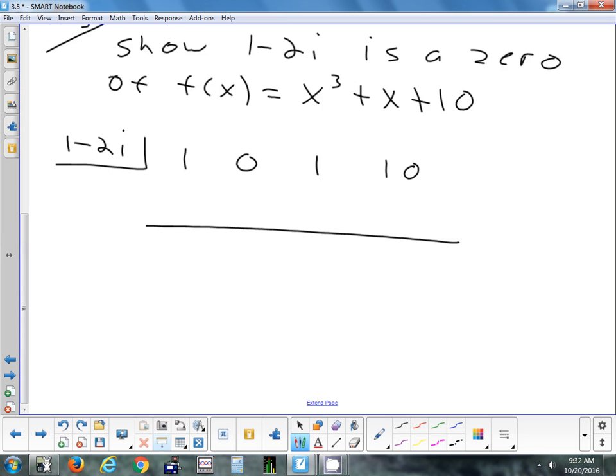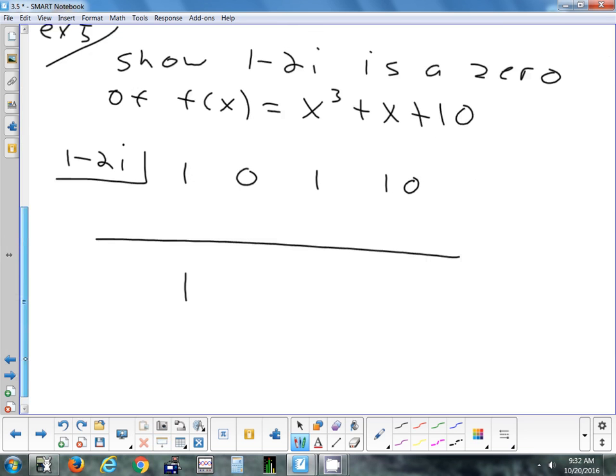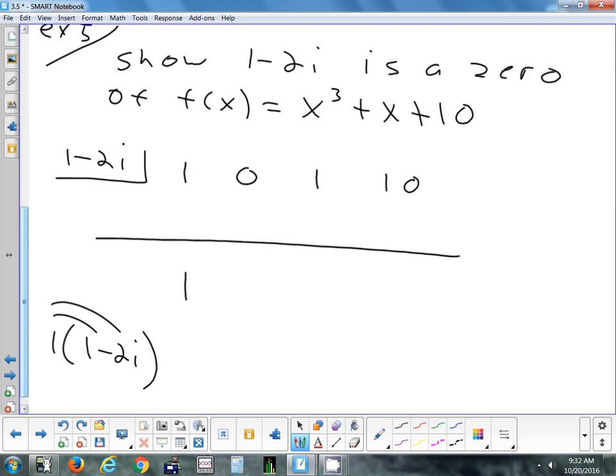Now when I do synthetic division, what's the first thing I do? Yep, bring down the first number. Okay, that's pretty easy. Now I'm going to multiply 1 minus 2i times 1. It's kind of like doing this. You need to distribute it. But since I'm just multiplying by 1, is it going to change it?